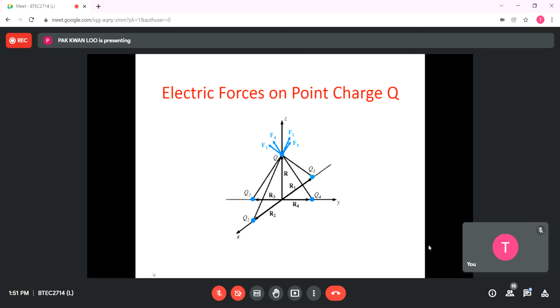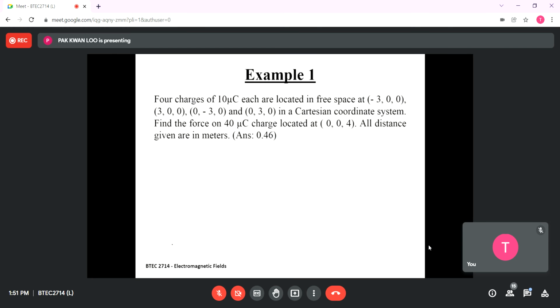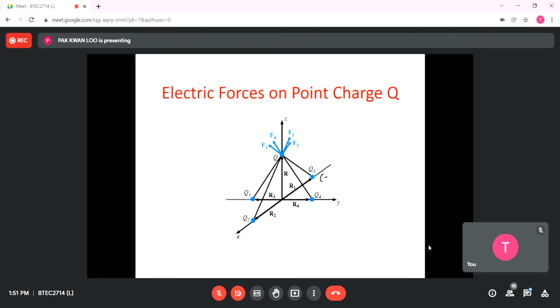I will write the locations so that you have a reference: (-3, 0, 0), (3, 0, 0), (0, -3, 0), (0, 3, 0), and this point here is (0, 0, 4).